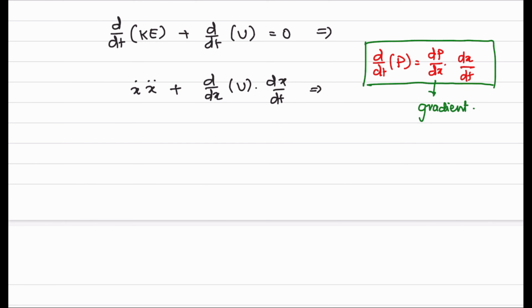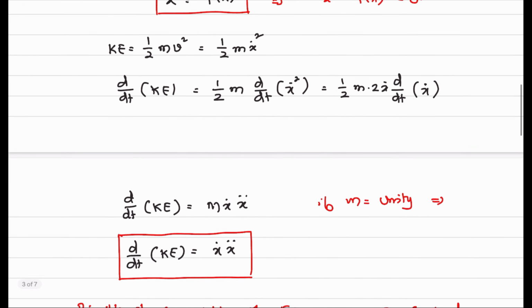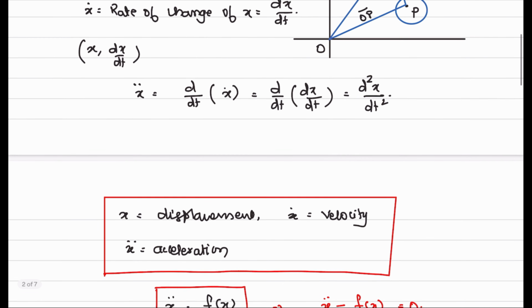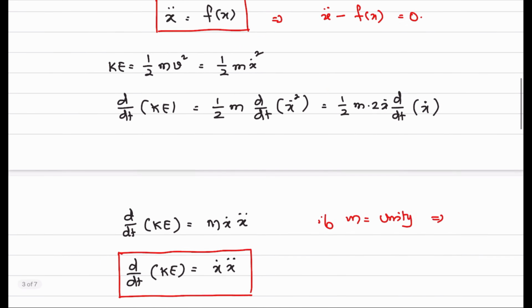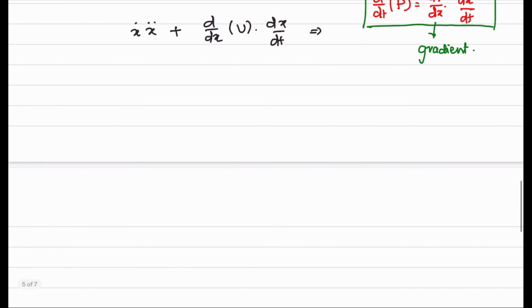Now, what happens? What is dx by dt? We have already defined dx by dt as x dot. Are you able to follow? That means x dot x double dot plus d by dx of U into x dot is equal to 0. Sorry, it is not x bar, it is x dot.